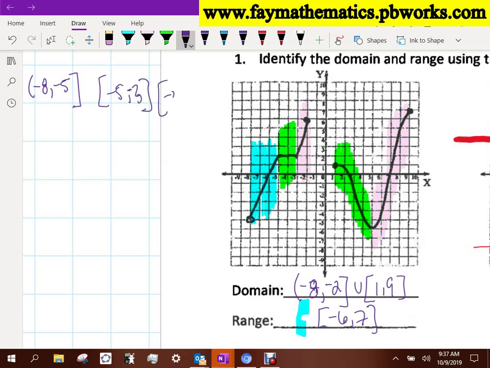And then from -3 to -2, it was doing something different. And then from 1 to 5, it was doing something different. And then from 5 to 9, it was doing something different. And then they wrote all those down and then union. So we got a lot of unions here.